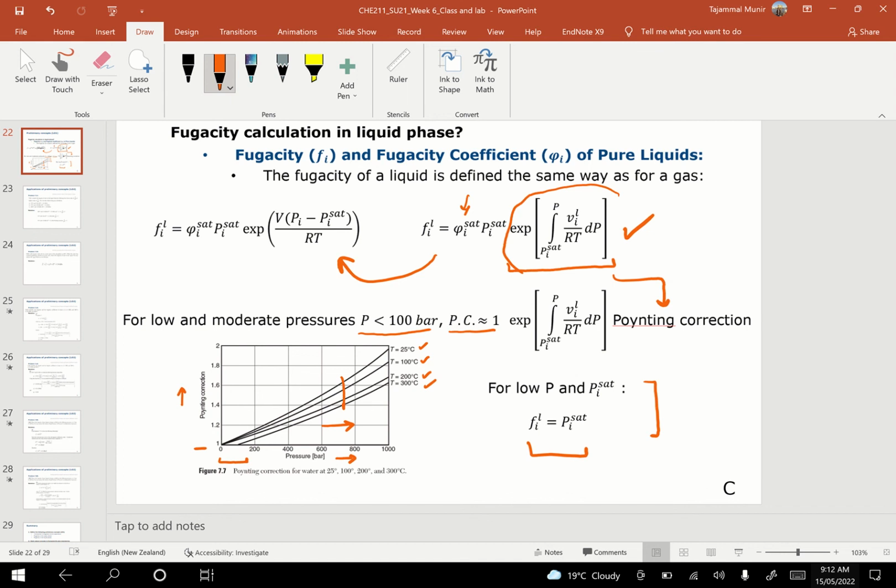But if pressure is 100 or above, then we need to solve this equation itself. Otherwise we don't need to solve it, because it's close to 1. But if pressure is greater than 100 bar, which is the case in part B, then we need to solve this whole equation, like we need to calculate specific volume, RT, everything, and the integral as well.